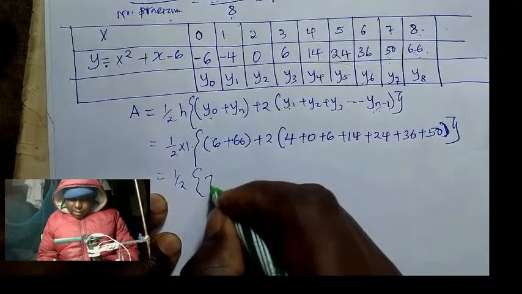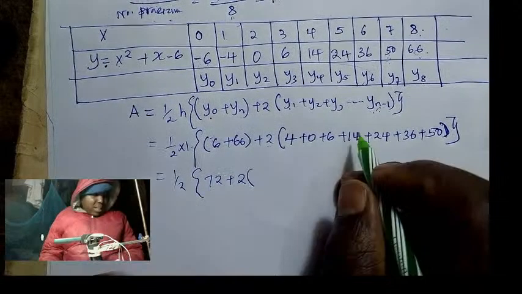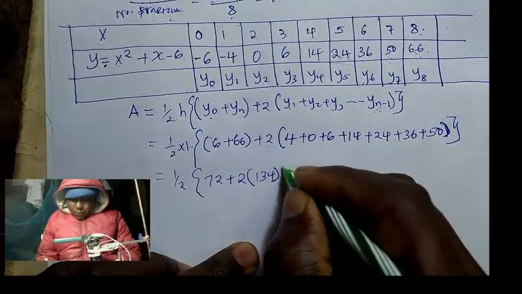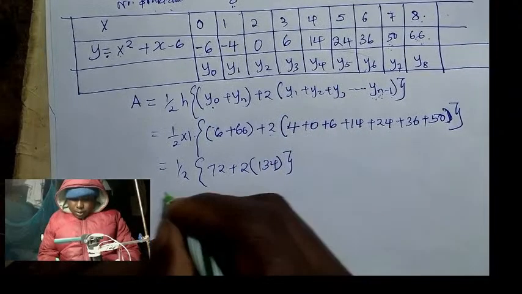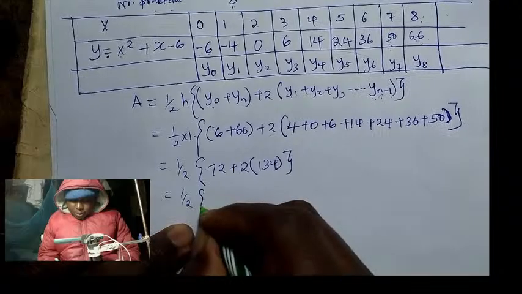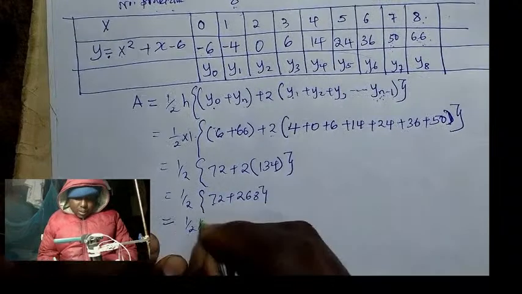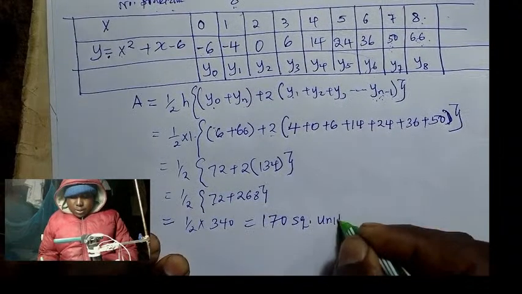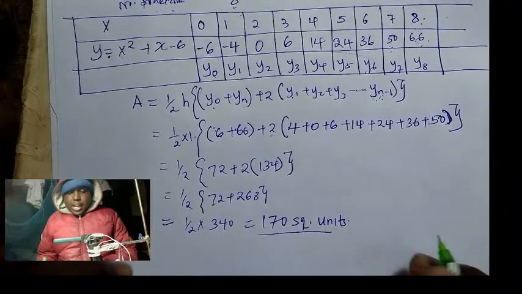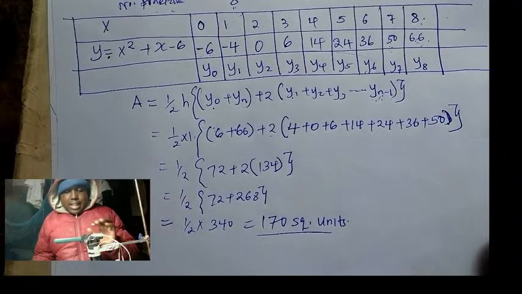So this one is 72 plus 34, is equal to a half, big bracket, 72 plus 268, times 340, 170 square units. And that is the area.